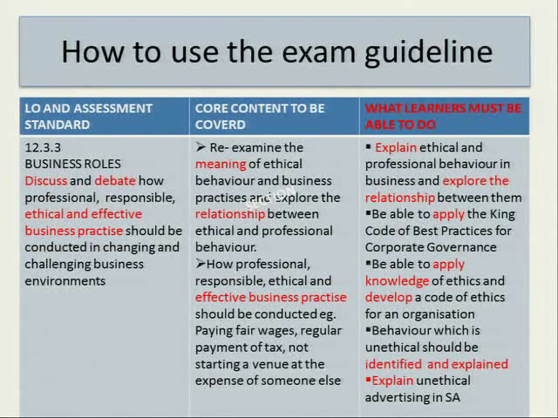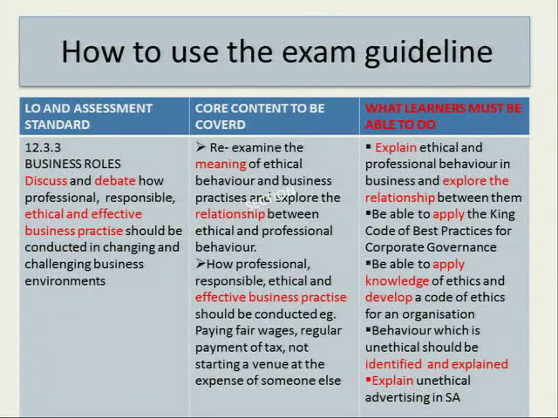This is the specific content which is examinable and which learners must know with regard to the assessment standard, which is in this instance professional and ethical behavior. First of all, the learners must be able to explain ethical and professional behavior in business. Also be able to explore the relationship between them.